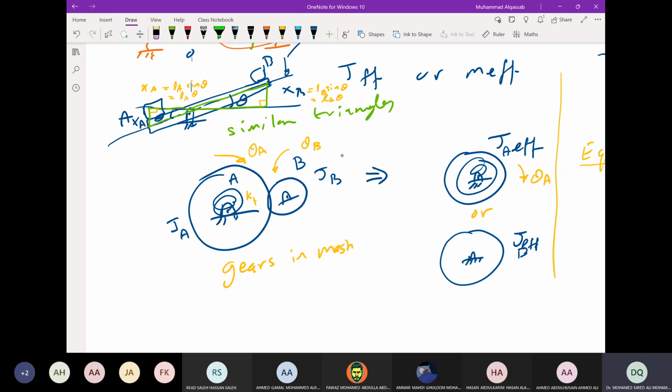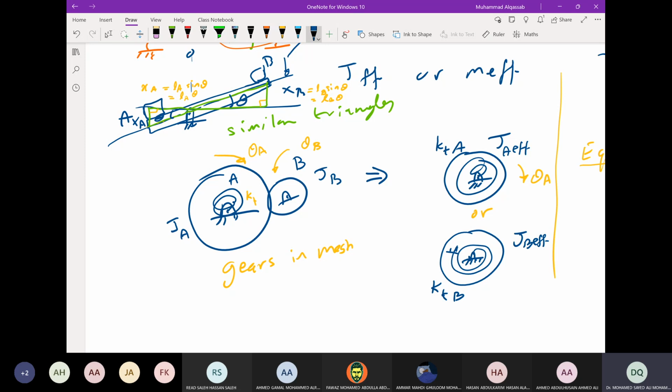I just gave them different names, but these are effective: JA effective at A, and this is JB effective at B, and the torsional spring KT effective at B, and this is KT at A. So with either one of them, instead of having two variables, two coordinates, we have only one coordinate, and this is possible because those are rigid and their motions are dependent.